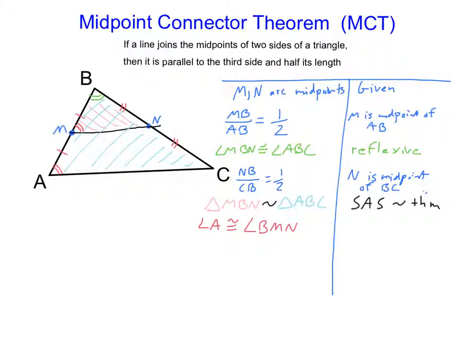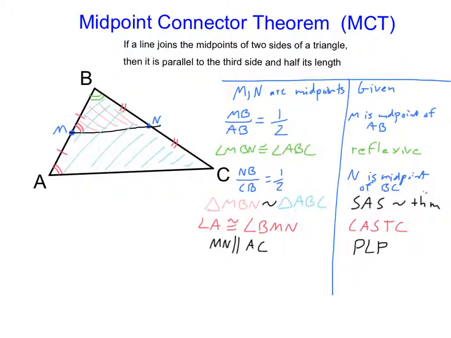I have to list the 3 letters because if I just say angle M, it's unclear, do I mean this one or do I mean this one? So we have those angles are congruent to each other because corresponding angles of similar triangles are congruent. We knew that the pink triangle was similar to the blue one, and those are the parts that match up with each other.